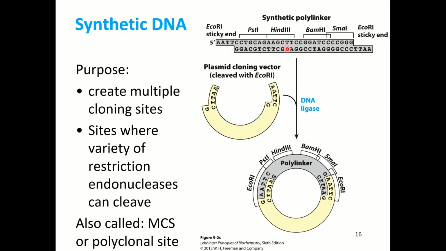By just synthesizing this piece of DNA, you can add in lots and lots of restriction sites. Okay, and then you can put that in your plasmid, and you'll have multiple restriction sites in this very short sequence of DNA. That's very useful because there are lots of different options, and you can clone different genes very easily into that multiple cloning site, because there are so many options for restriction enzymes to use.